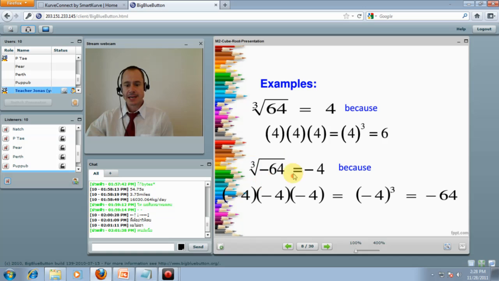And if you have a negative number here, the answer will be negative, because minus 4 times minus 4 times minus 4 is minus 64.